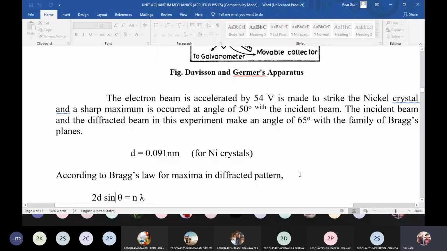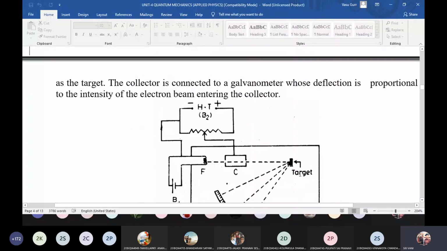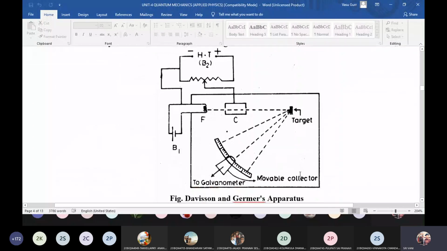So to start the result, first of all, is the diagram completed by all the students? Did you understand the diagram? If you have no doubts in the diagram pattern, then I will start the result. Do you have any doubts in the diagram? Did you understand every part of the diagram or not?